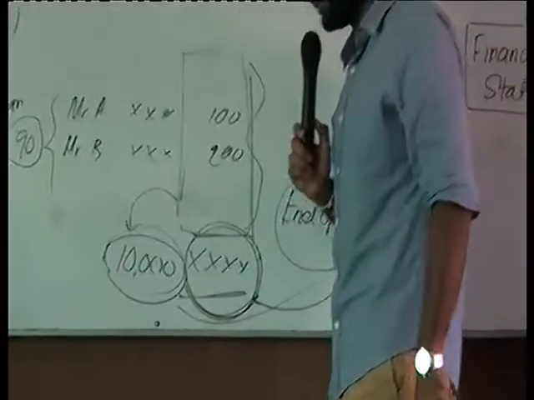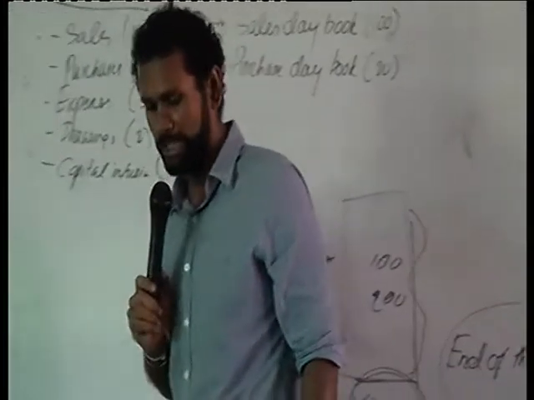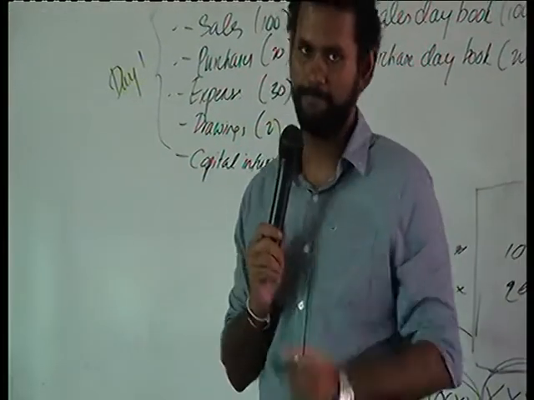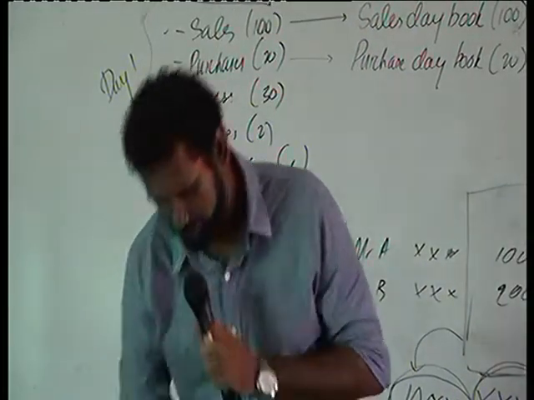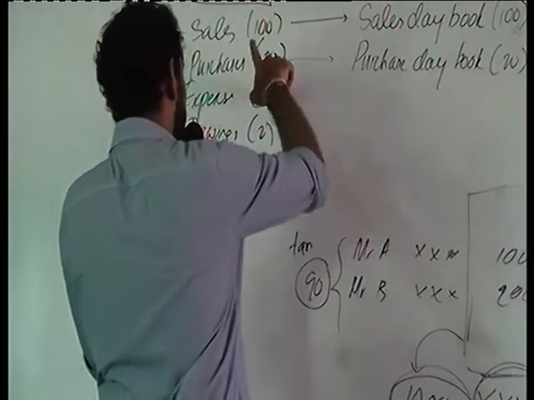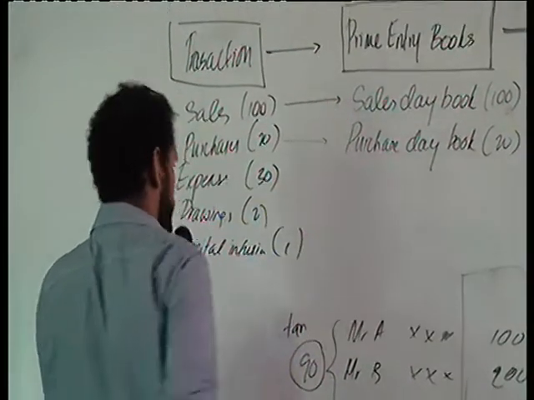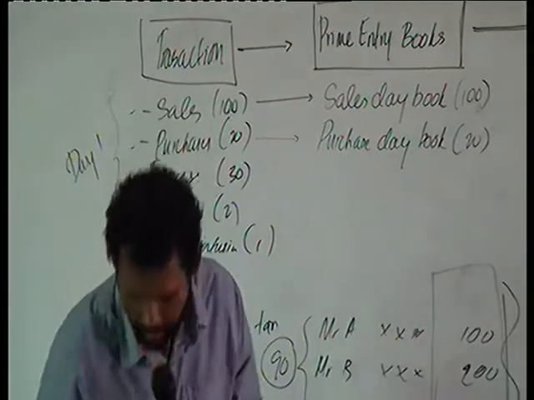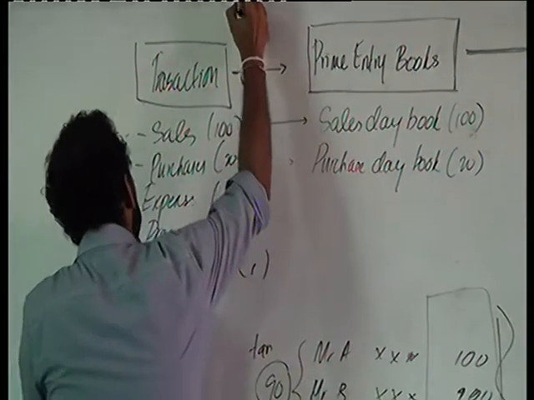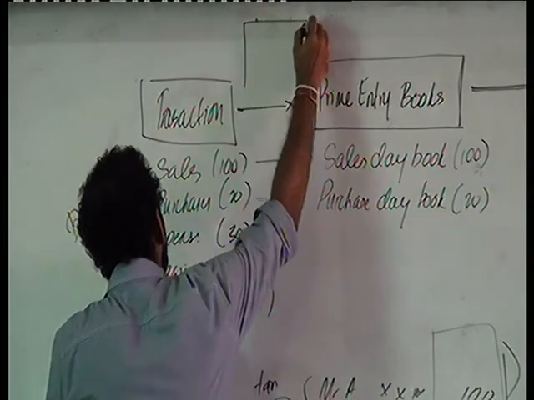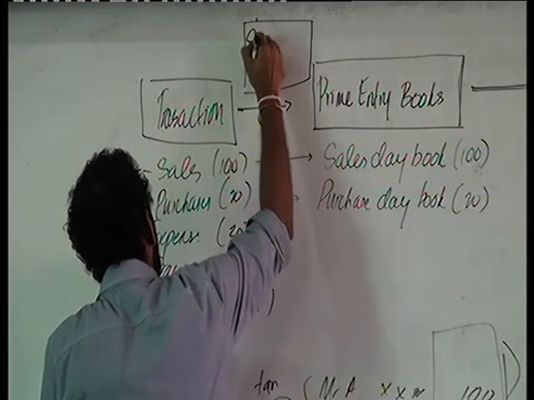Now the question is, in between I am going to include another layer here. Now, every transaction that is entered in the prime entry book, right, there will be a document called source document.